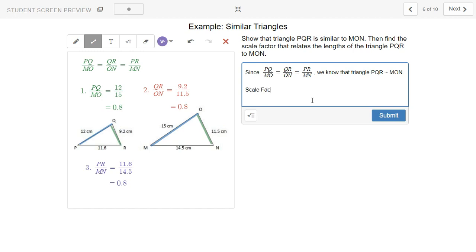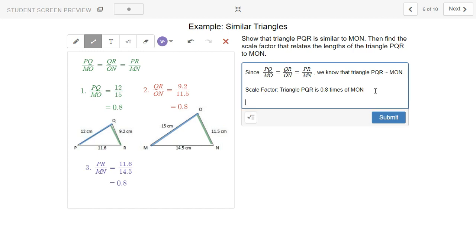So our scale factor, triangle PQR is 0.8 times of MON. I'll put a little note here. The ratio tells us the scale factor.